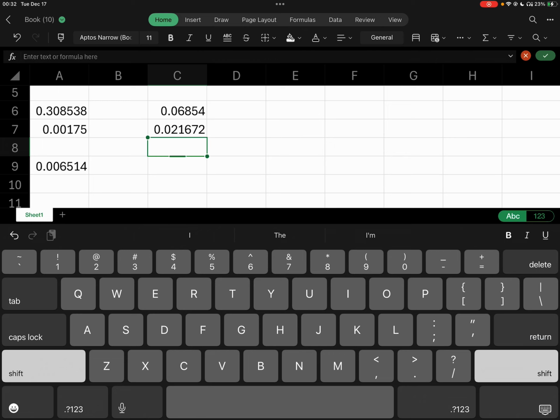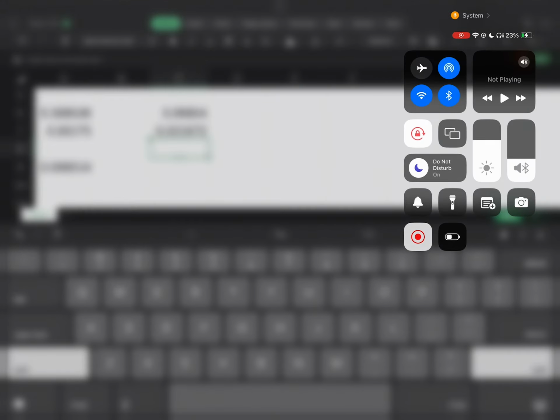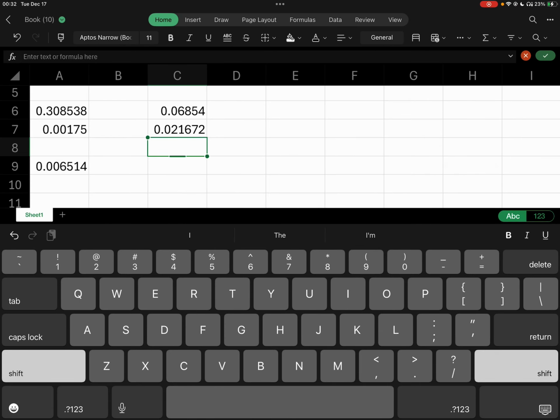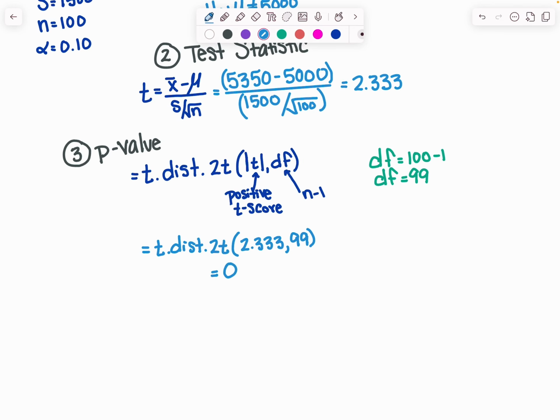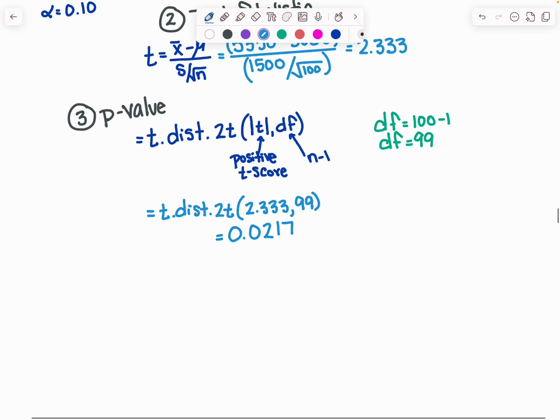So if you try and plug in a negative and you get an error, turn the negative into a positive. 0.0217. So that's our p-value.